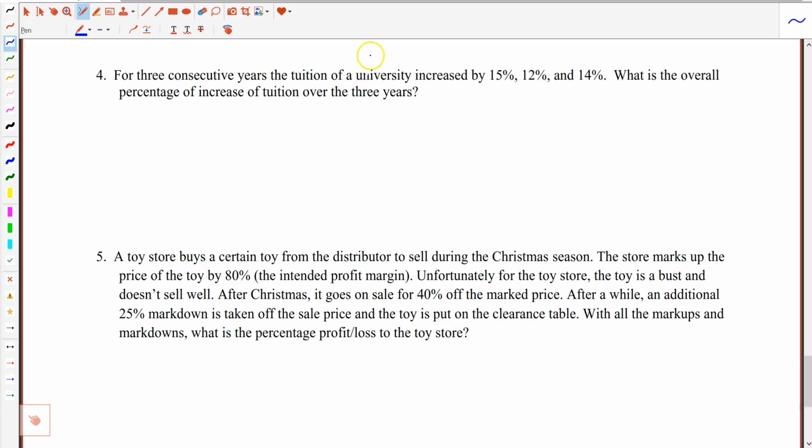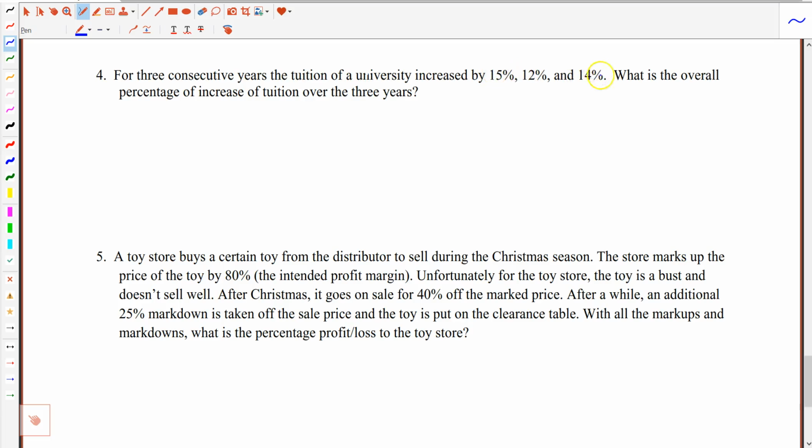Now in this first one, it says for 3 consecutive years, the tuition of a university increased by 15%, 12%, and 14%. What is the overall percentage of increase of tuition over the 3 years? So in this one, we can't just add these percents, because when this 12% increase happens, it happens on whatever that amount was that resulted at the end of the 15%.